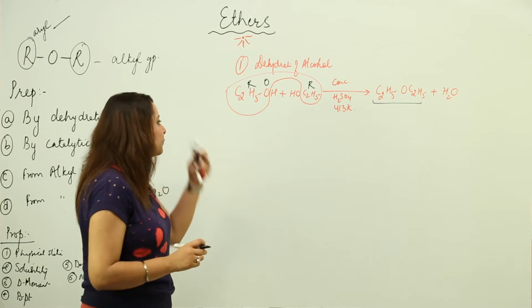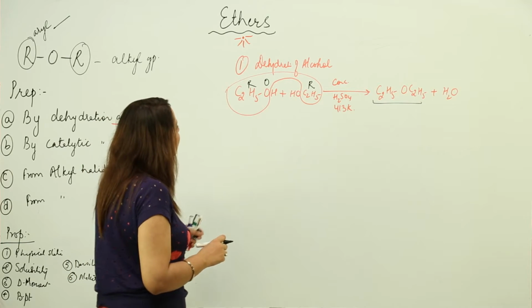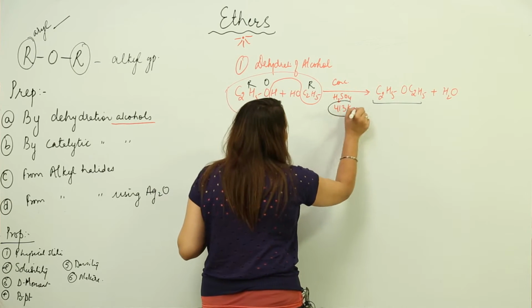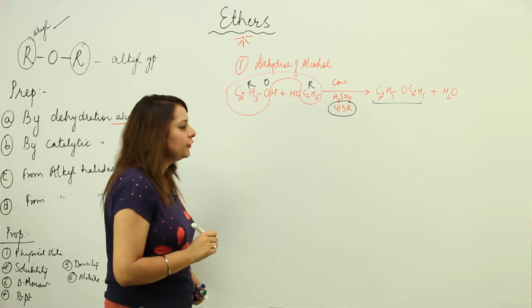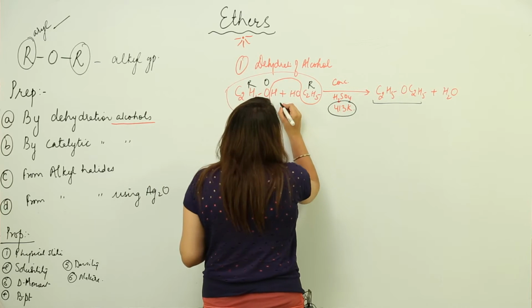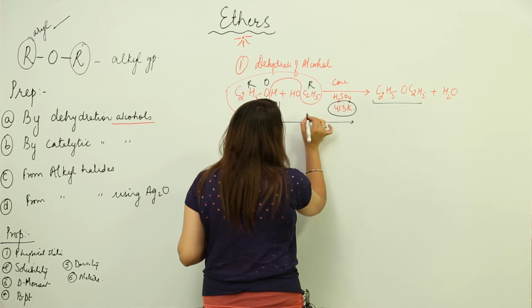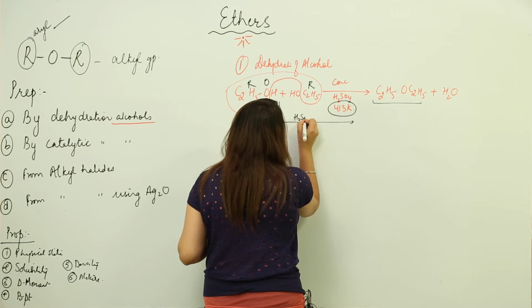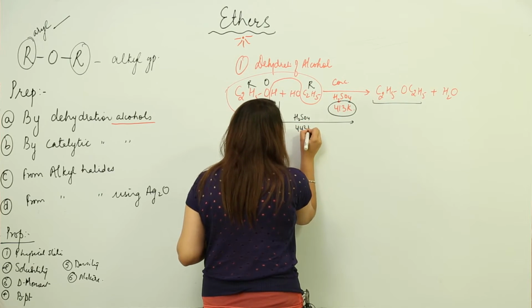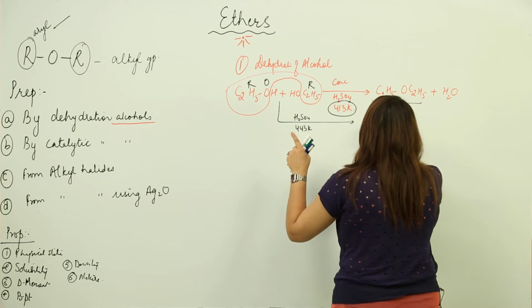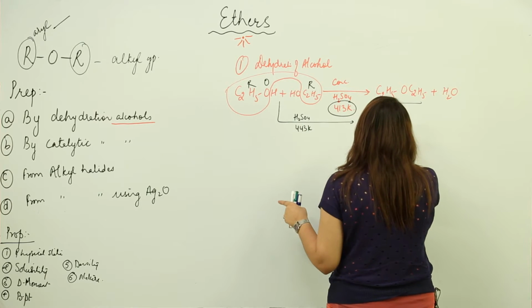Now in this kind of reaction, we need to take care of the temperature. What will happen if the temperature exceeds this? If the temperature is approximately 443 Kelvin, or higher than 413 Kelvin, then the water molecule may get eliminated and it may form the alkene.